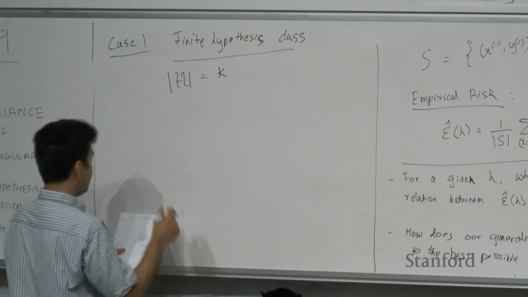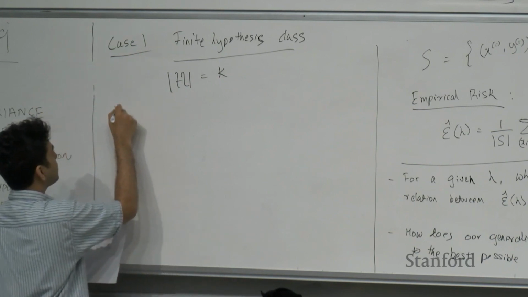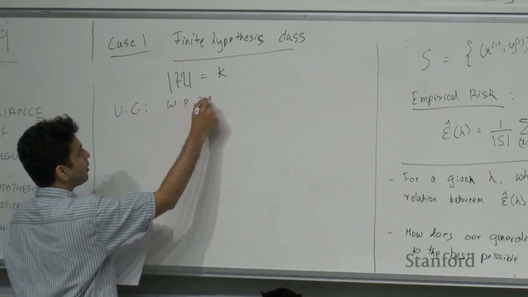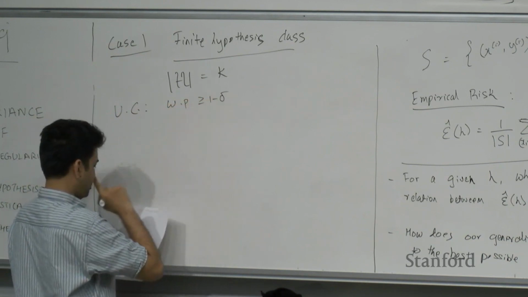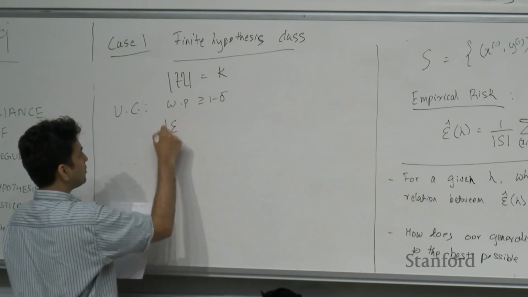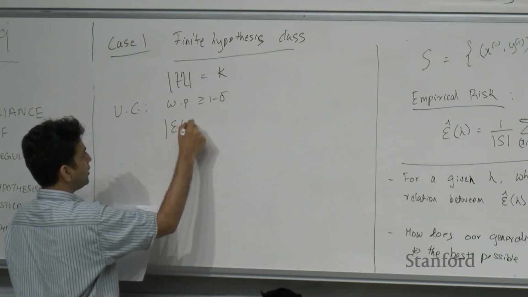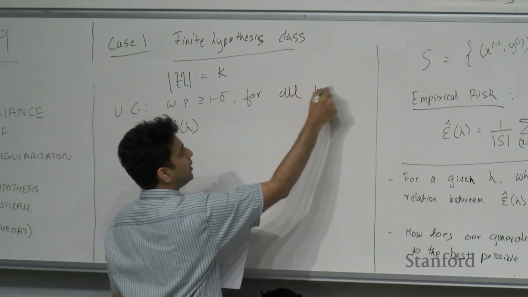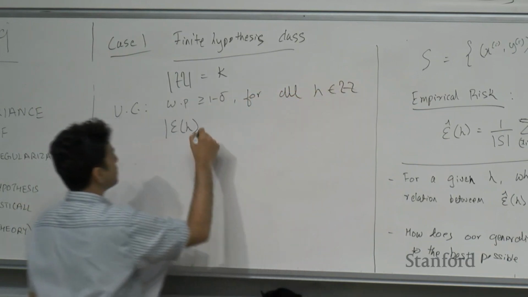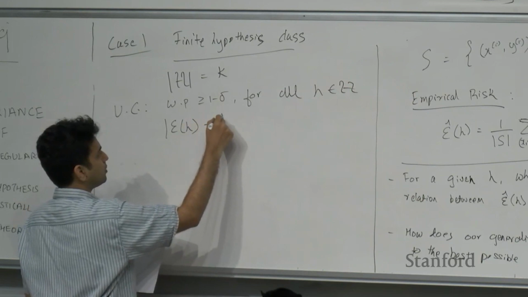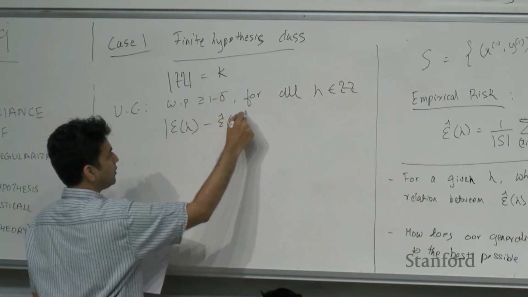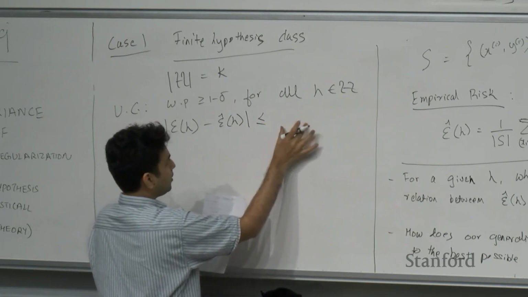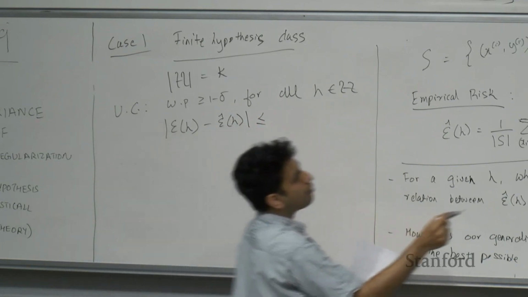right? The uniform convergence result tells us, with probability greater than or equal to 1 minus delta, the absolute value of epsilon hat of h minus epsilon of h, for all h in the class, is less than or equal to gamma.